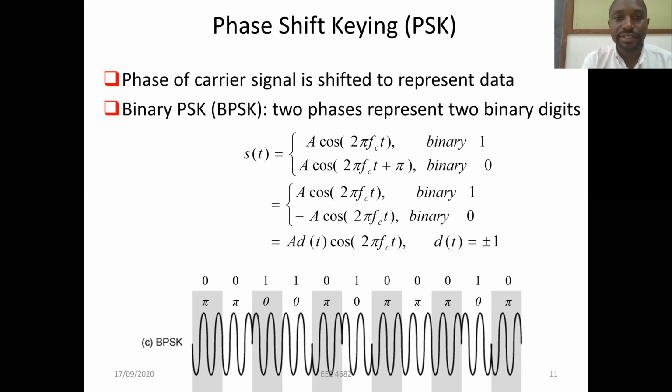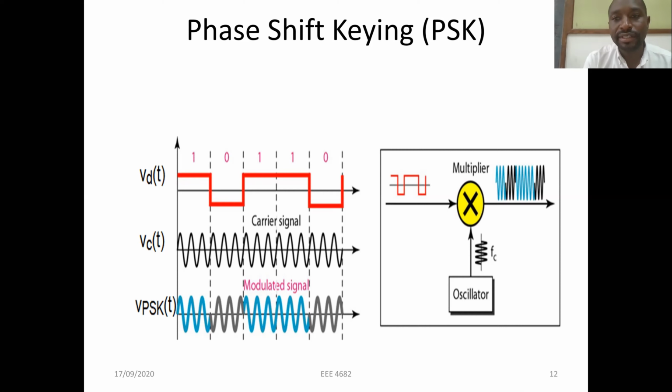And then the diagram is shown on the right. Basically, the phase shift keying output signal will be changing in terms of angles of phase in accordance with the message signal, whether it has a binary input of 1 or a binary input of 0.